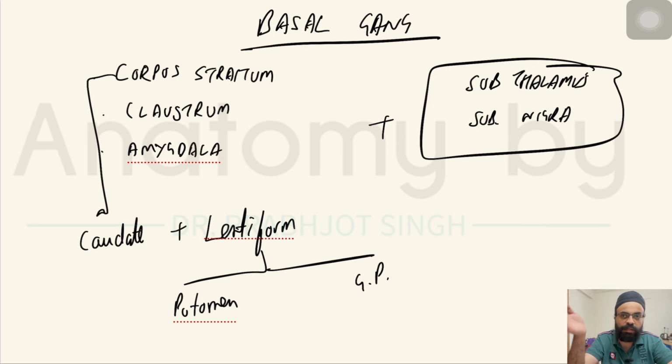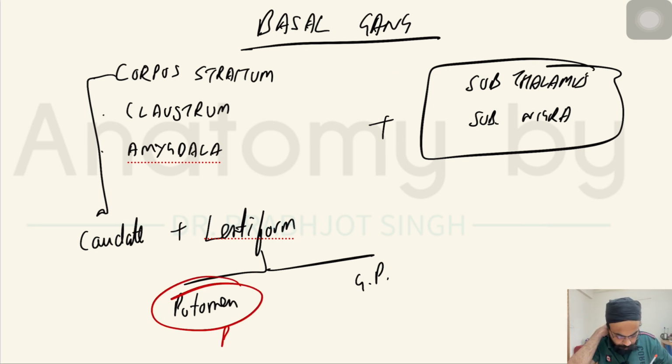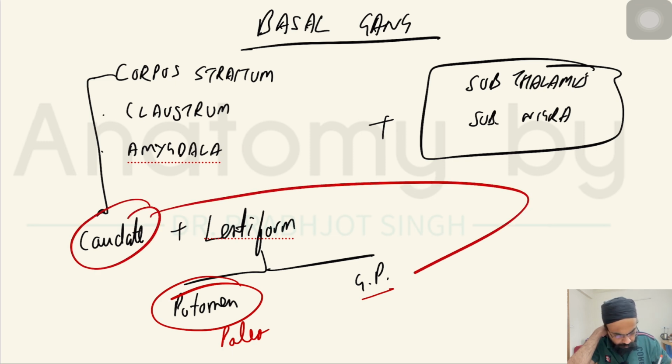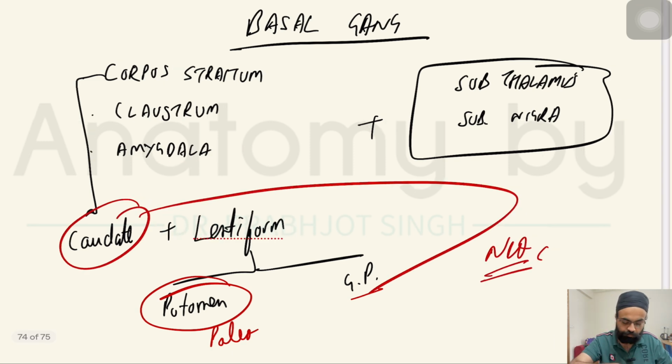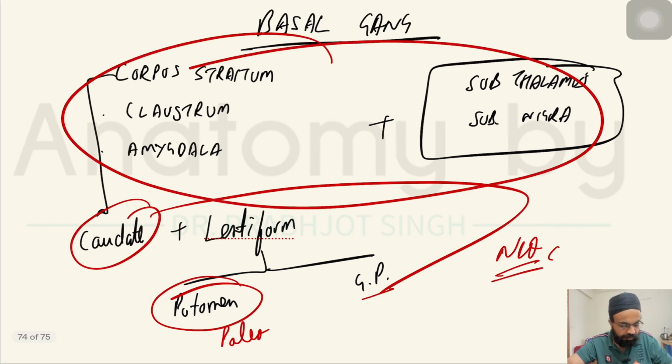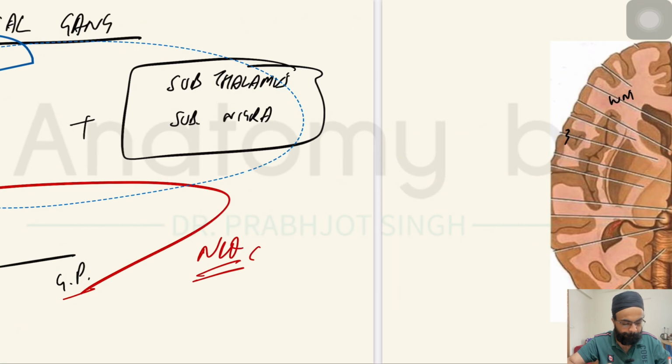Archi is the oldest, paleo is the middle, and neo is the latest, recent. The way I like to call it, Naya Pila Purana. So putamen is your Pila, paleo. These two are the part of your neo. Now let us study these structures one by one.